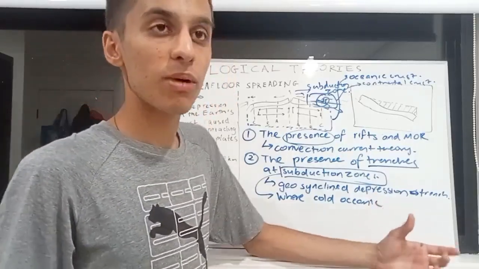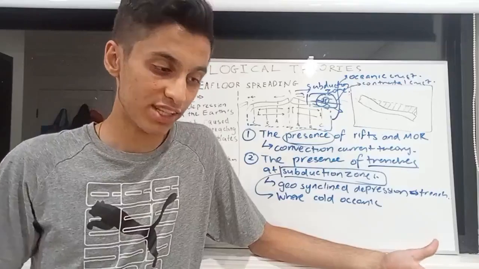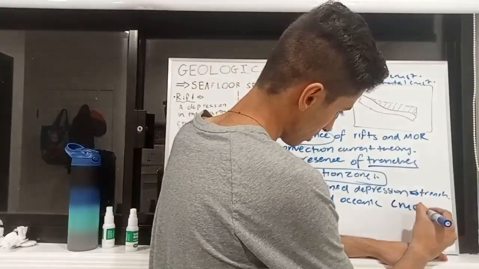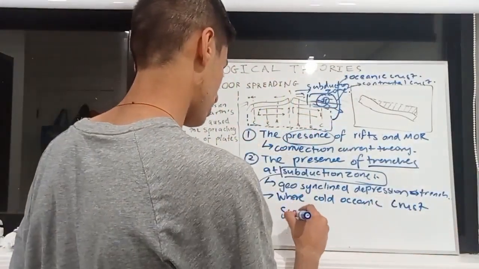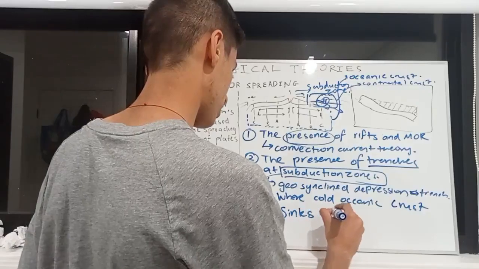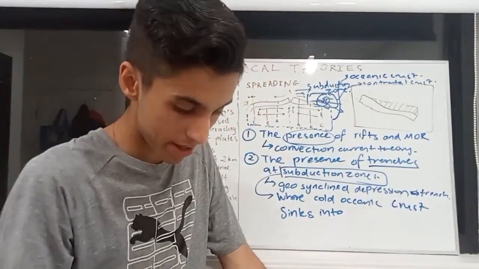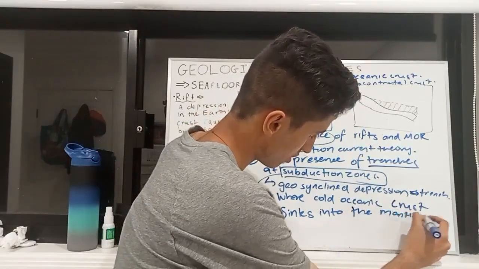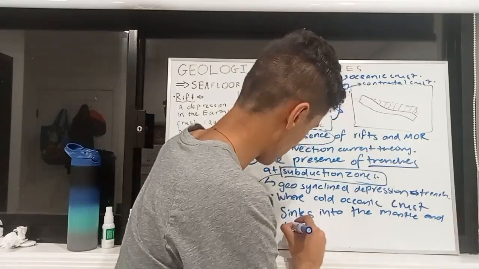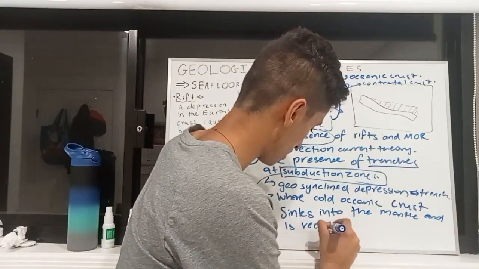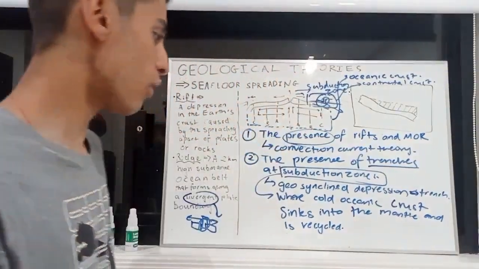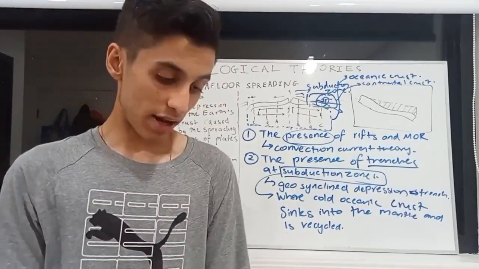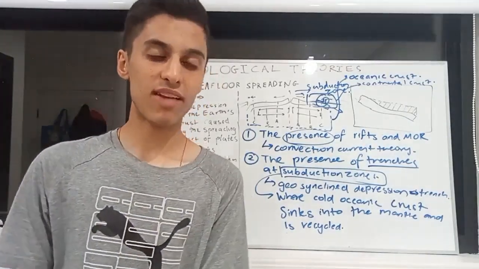So when we talk about slab pull, we're talking about subduction zones essentially, where cold oceanic crust sinks into the mantle and is recycled. Alright, so these are two pretty basic pieces of evidence, right?